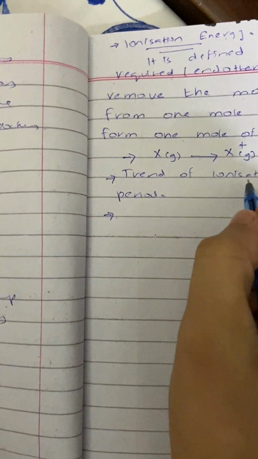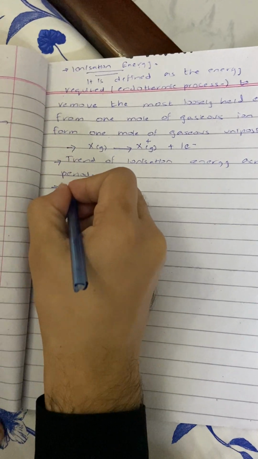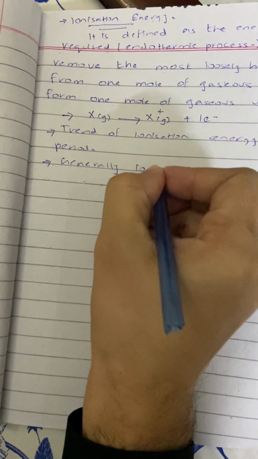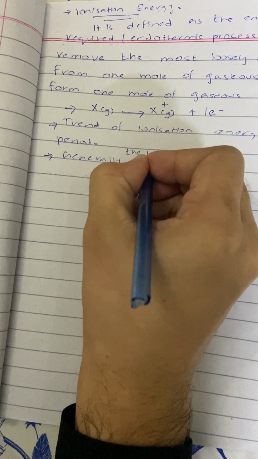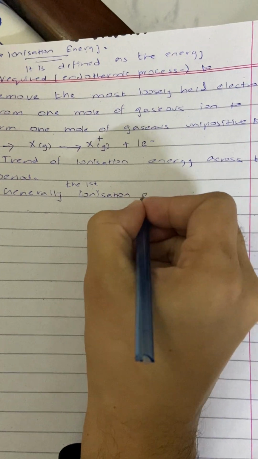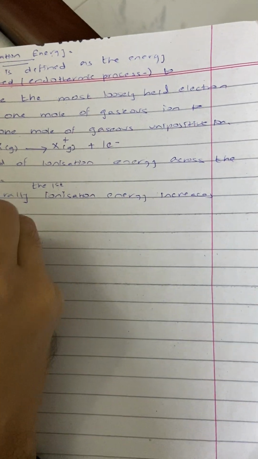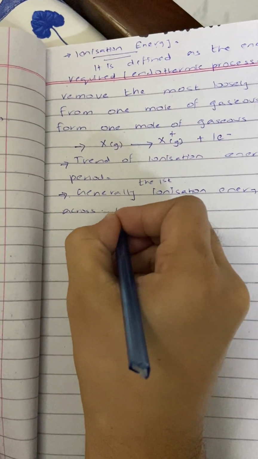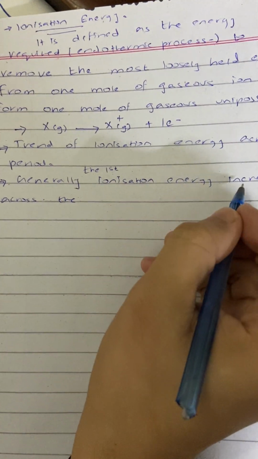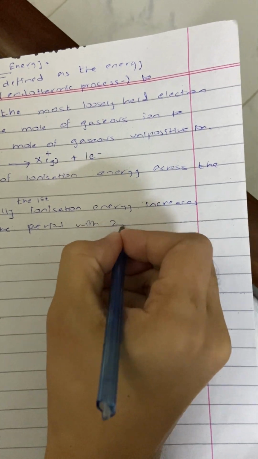Now let's do the trend across the period. Generally, the first ionization energy increases across the period, with 2 exceptions.